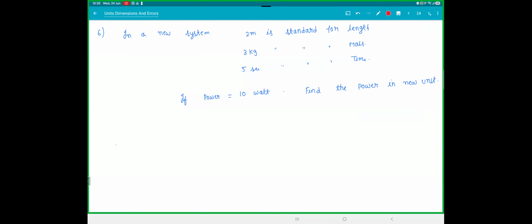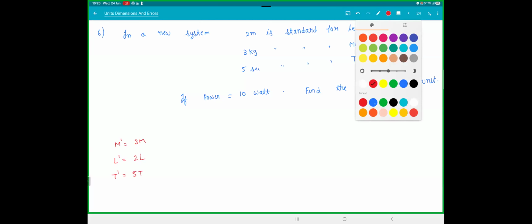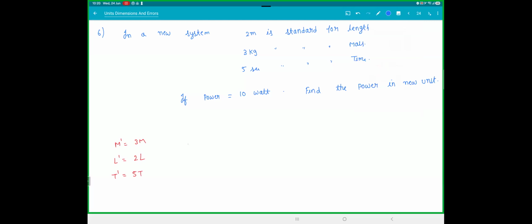Let's see. So the new unit m dash is 3 times m. Mass is 3 kg. L dash is 2L. T dash is 5T. So the new unit of power, power is energy by time.